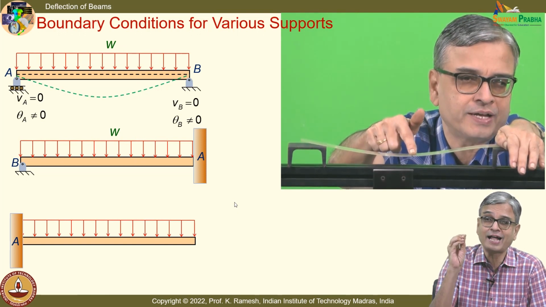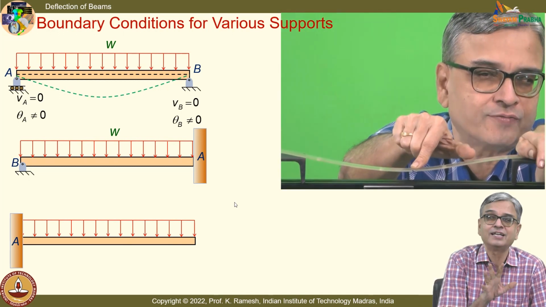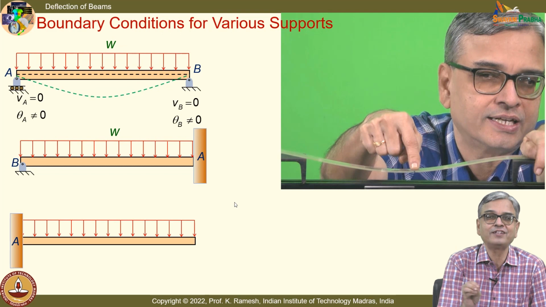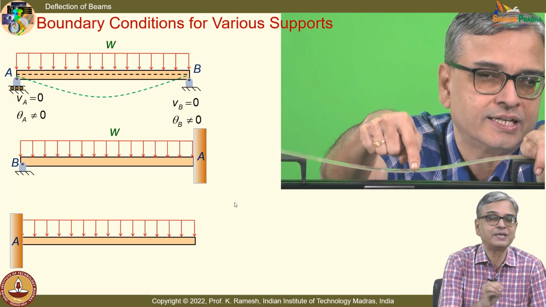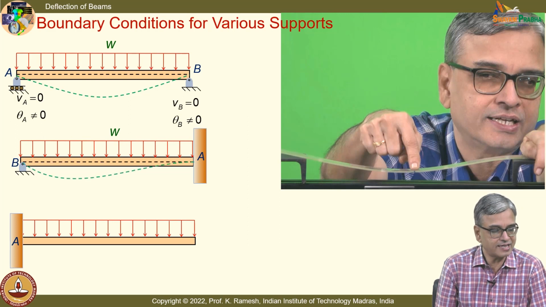So, if you handle the supports and join them in between from your visualization, you will have the deflection of the beam plotted reasonably well. Okay. So, I will have this like this, and you have this like this. Okay.